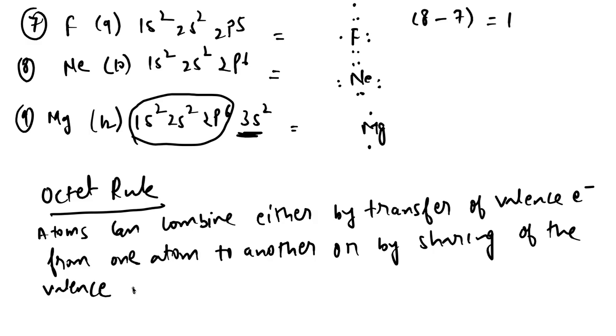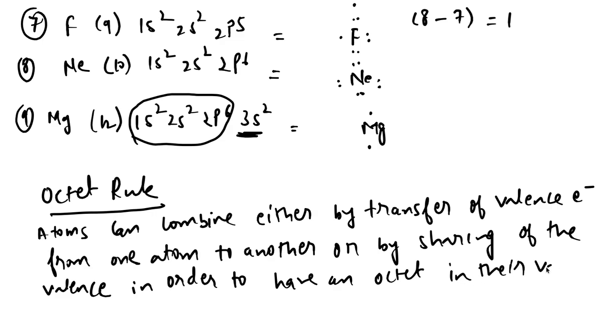Okay, in order to have an octet in their valence shell. So this is what the octet rule is all about.